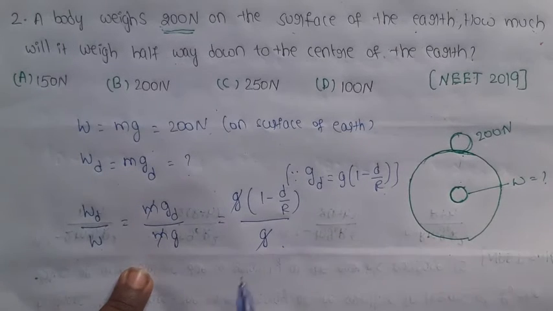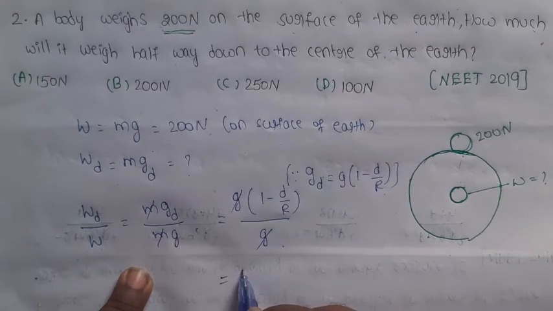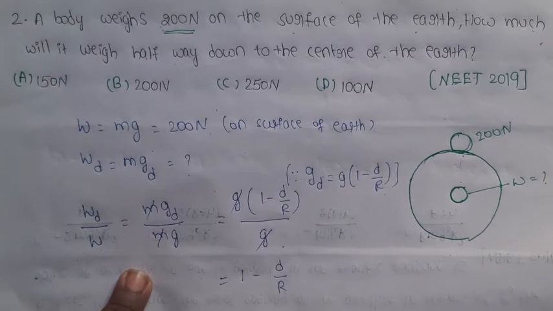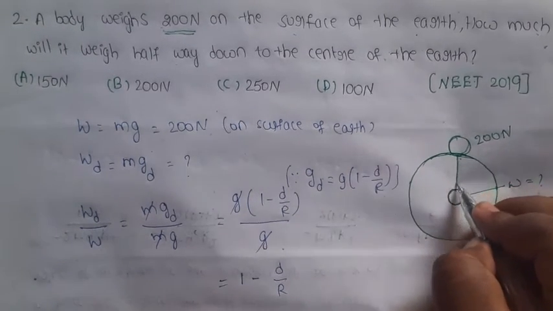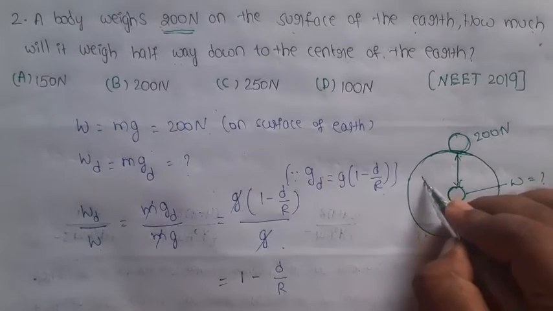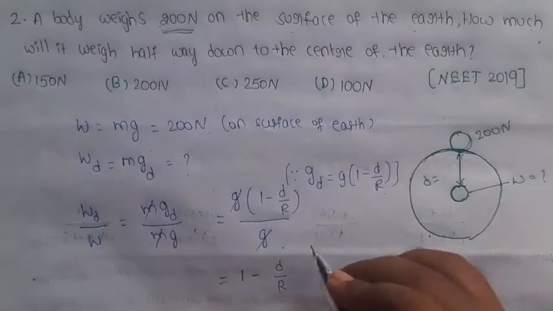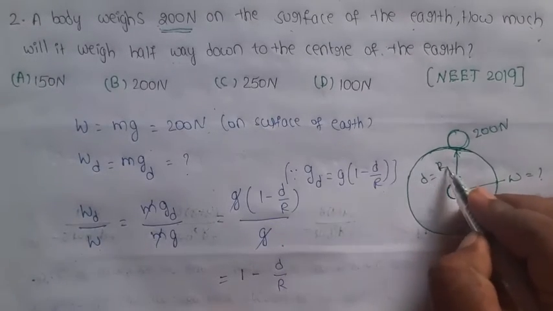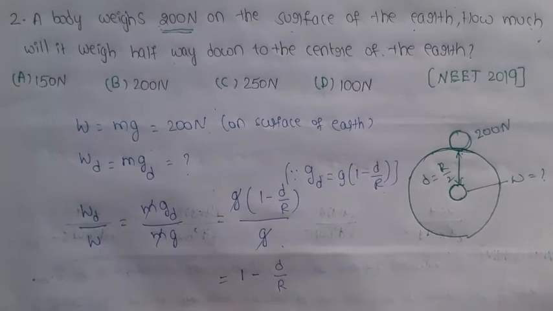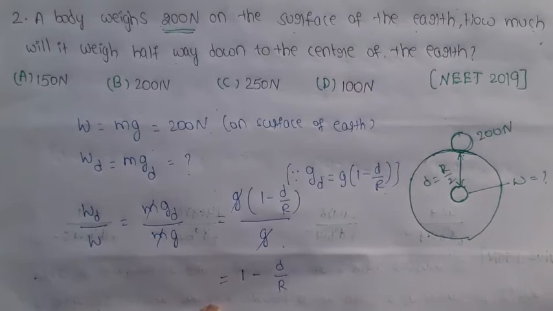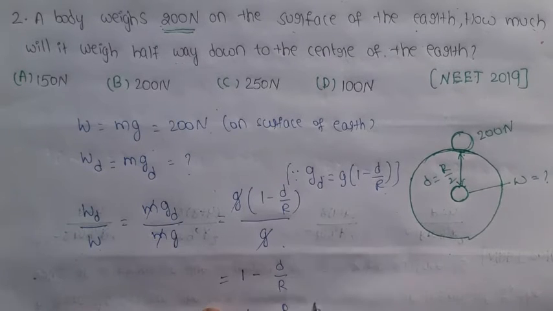So g and g also cancel. What about the remaining value? 1 minus d by R. This is the depth. So the depth equal to R by 2, so d equal to R by 2. Substitute that value: 1 minus, in case of d, R by 2 into 1 by R. R will cancel.